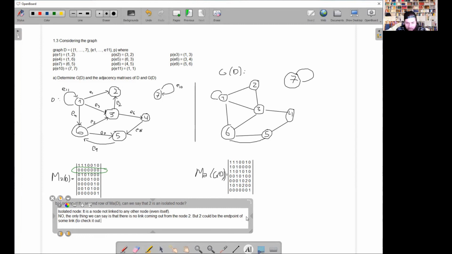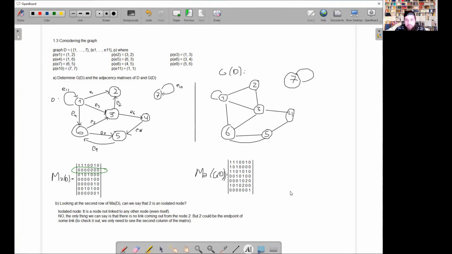To check it out, we only need to see the second column of the matrix. Okay, let's do the next question.